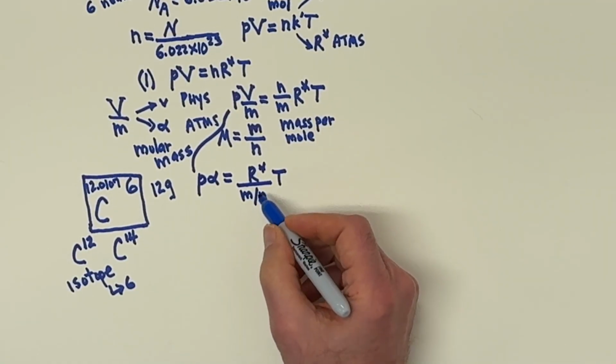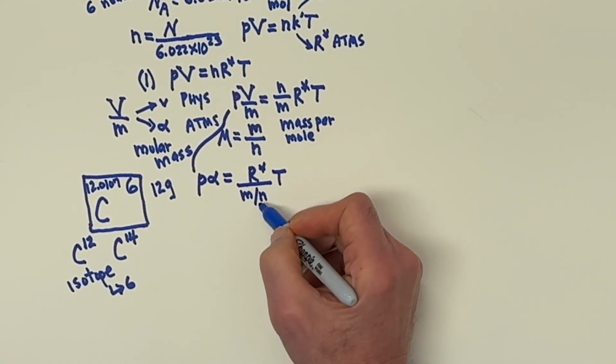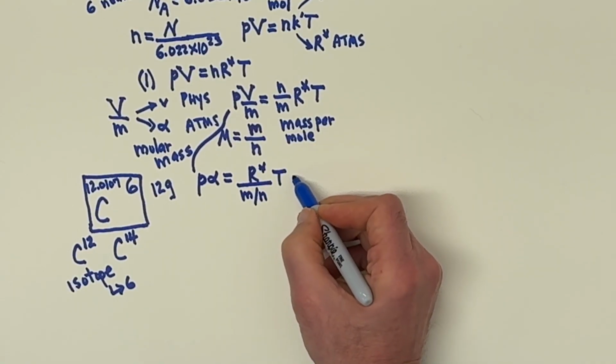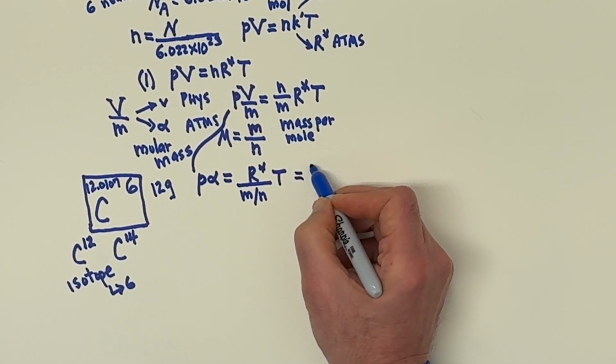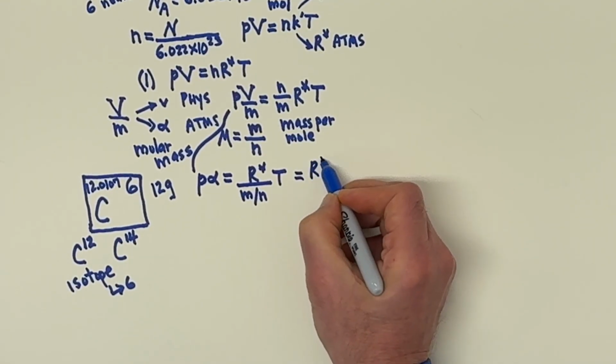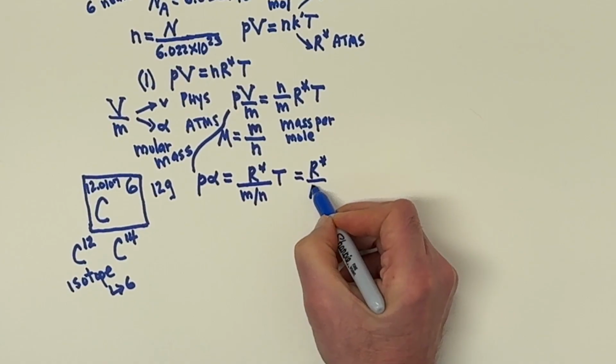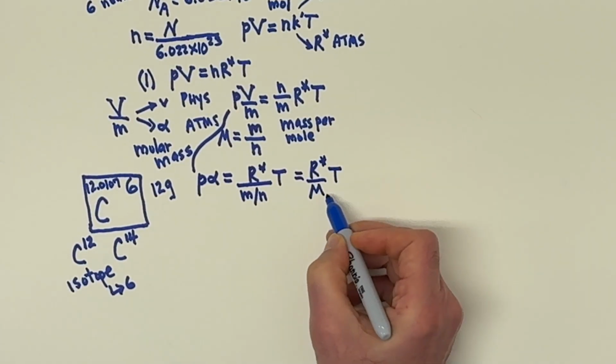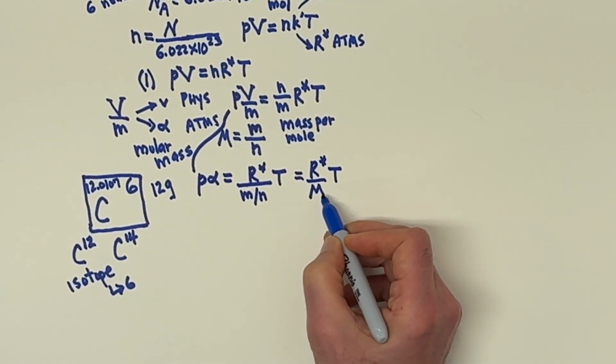And since the M over N is the big M, we can write this as R* over the big M times the temperature.